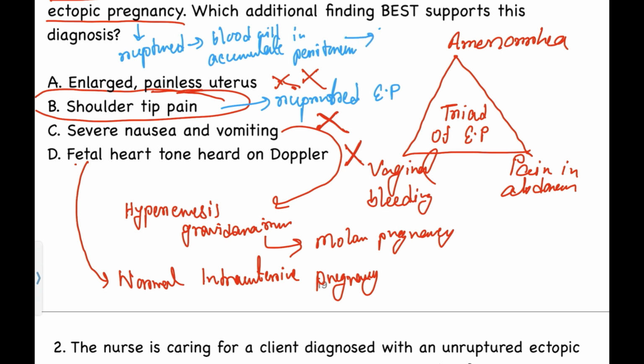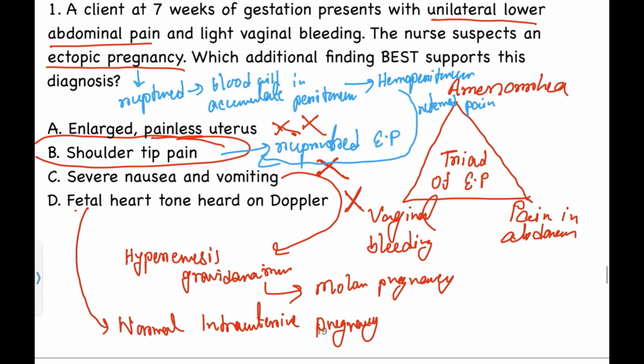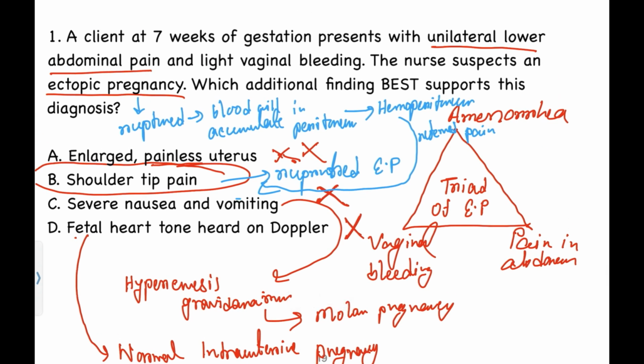As a result, hemoperitoneum will be seen. Due to this hemoperitoneum, referred pain will occur in the shoulder region. That is the feature of ruptured ectopic pregnancy, and it is an emergency situation. So the correct answer will be shoulder tip pain.